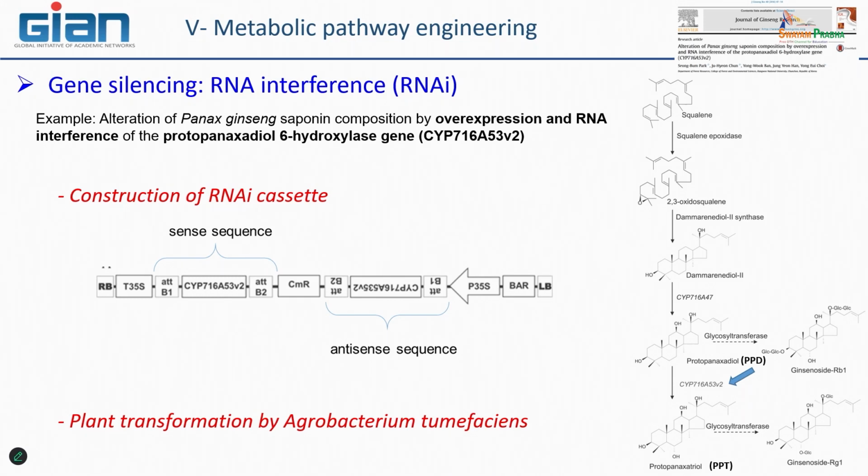After having constructed this RNAi cassette, as we call it, you see this cassette is surrounded by the two borders, right and left border, that correspond to the pieces of T-DNA of the plasmid of Agrobacterium. So that means they have included this construction in the Ti plasmid of Agrobacterium.